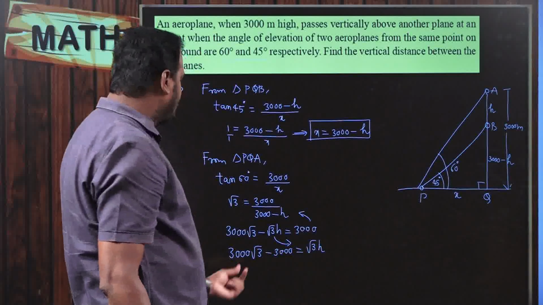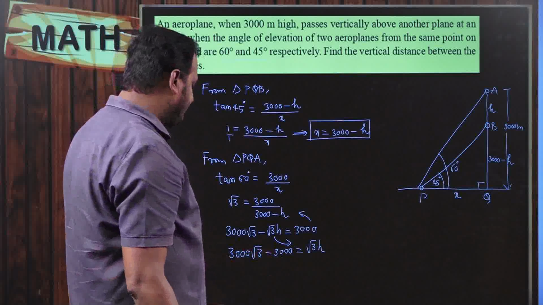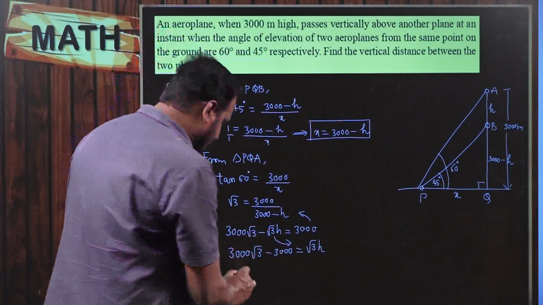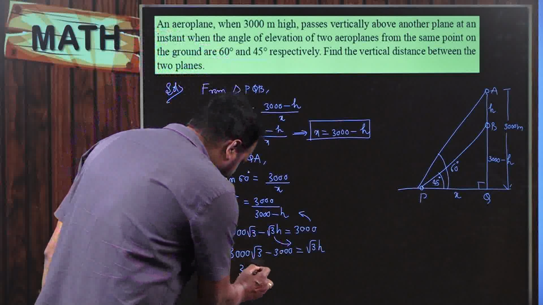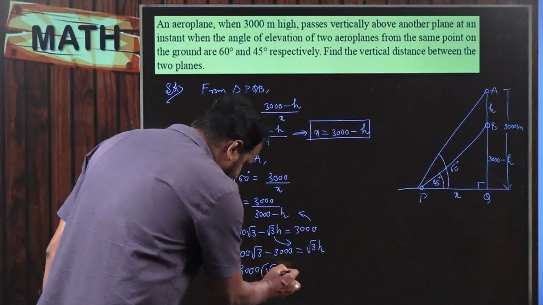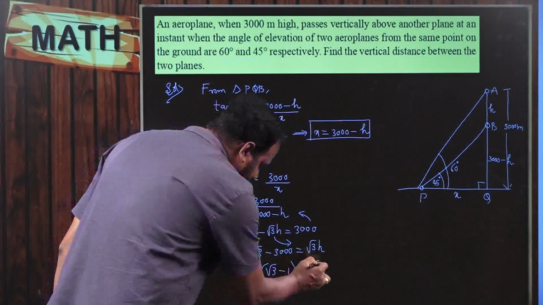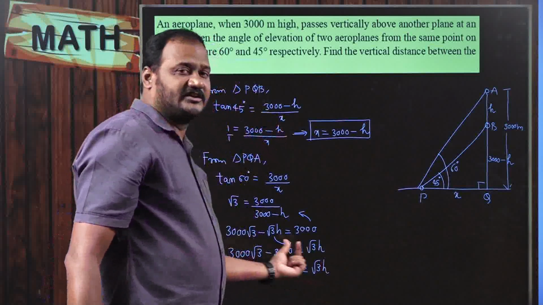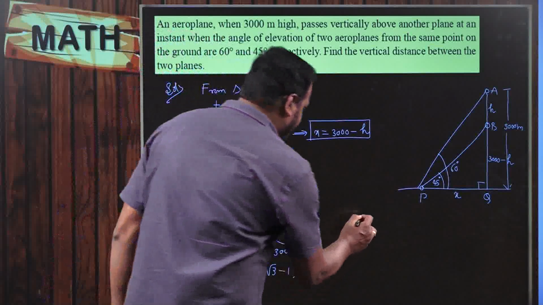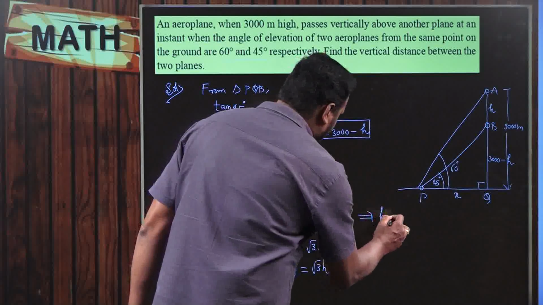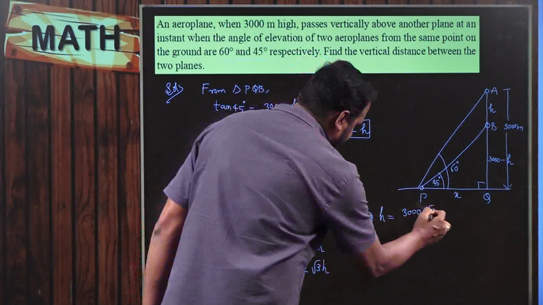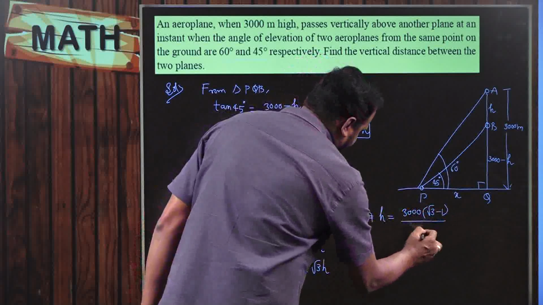When I take 3000 common here, I can say 3000 into (root 3 minus 1) is equal to root 3 h. But we want the value of h, so transpose root 3 also towards the left hand side. That implies h is equal to 3000 times (root 3 minus 1) divided by root 3.